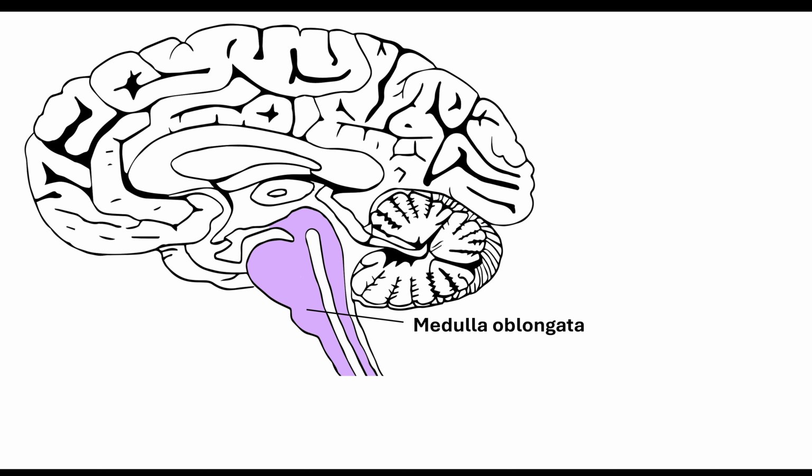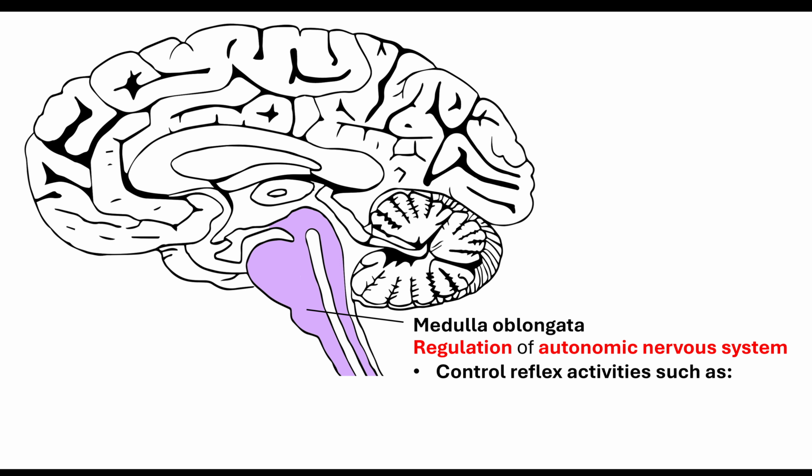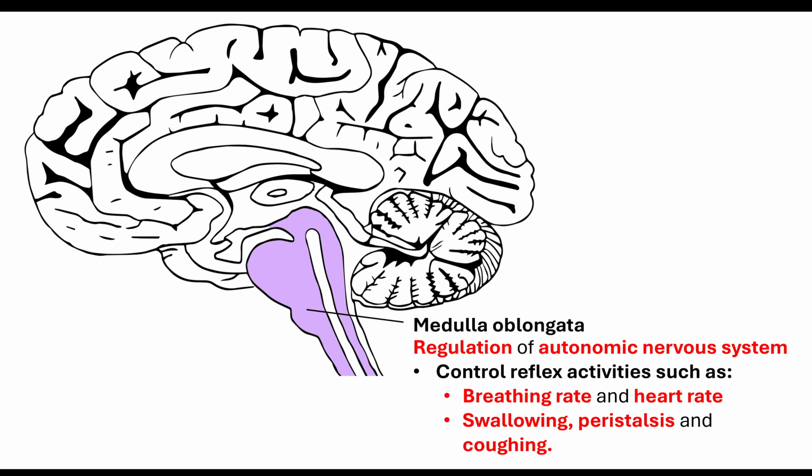Then we need to move on to our medulla oblongata. The medulla oblongata is the regulation of the autonomic nervous system. I have done a whole video on the divisions with regards to our peripheral nervous system. The autonomic nervous system is the involuntary, subconscious responses, controlling those reflex activities such as our breathing rate and our heart rate, and things like swallowing, peristalsis, coughing, because these are linked to our smooth muscles, and our smooth muscles are involved in controlling these reflex activities.